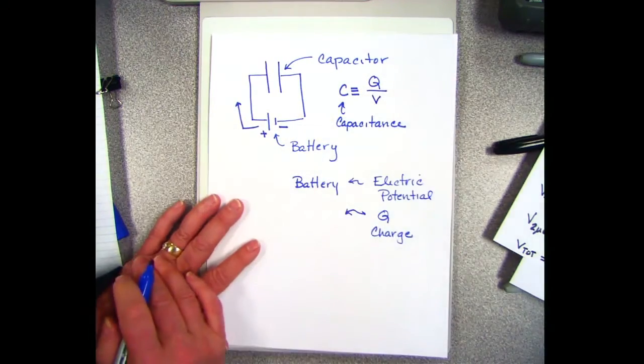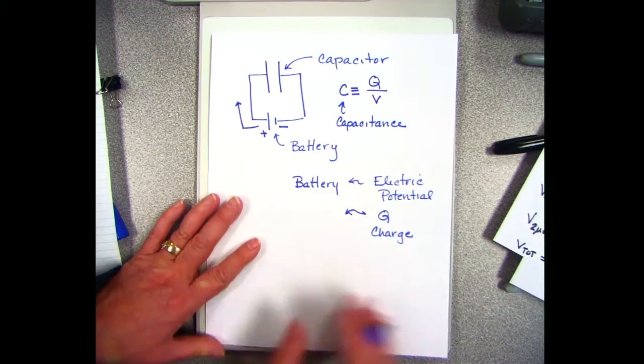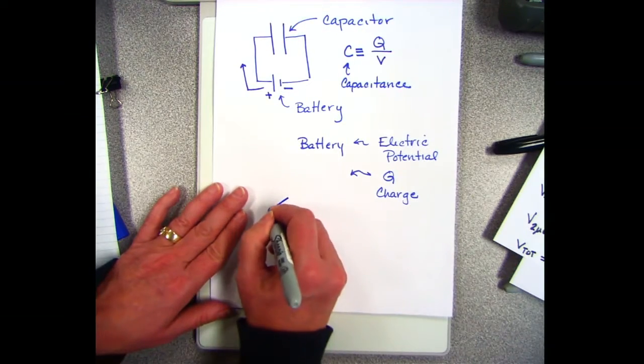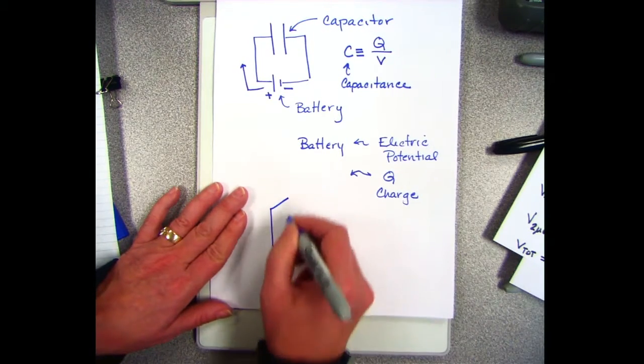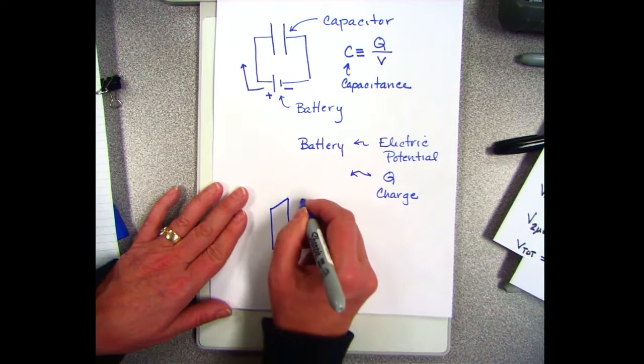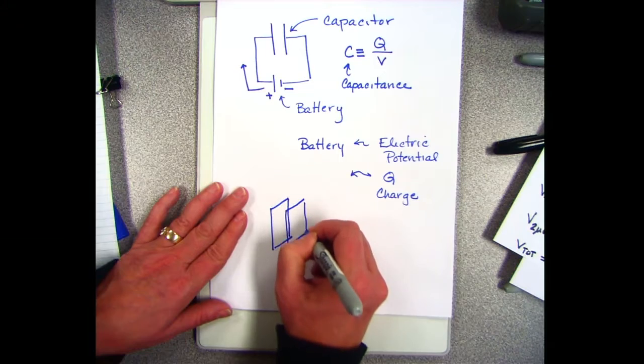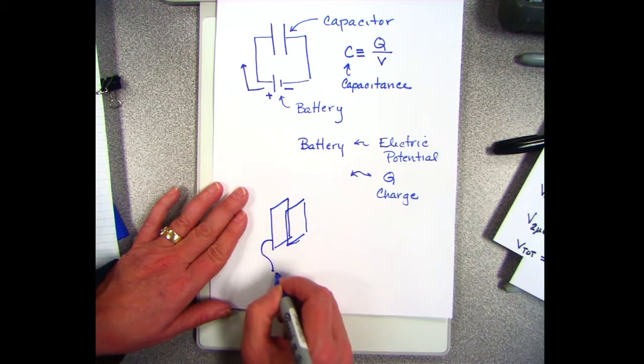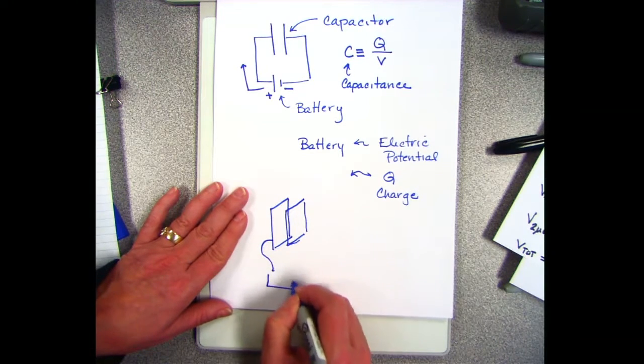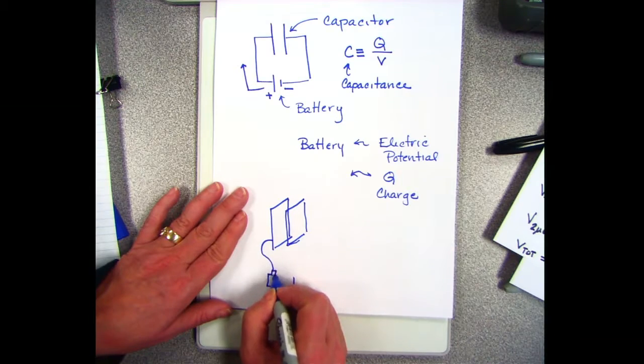So basically what's happening is this. I draw my plates, and this would be connected to my battery, and I'm actually going to draw the battery like this this time. So there's my battery. This side is positive, this side is negative, and they're connected.